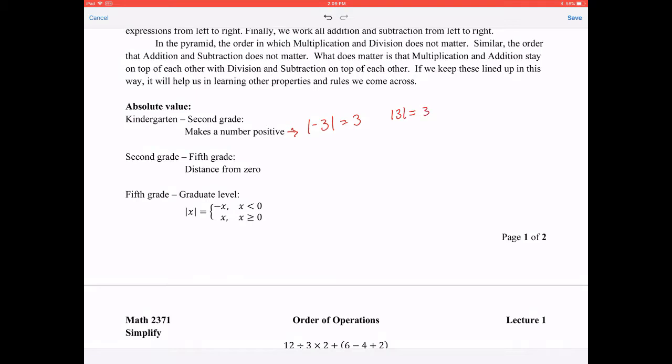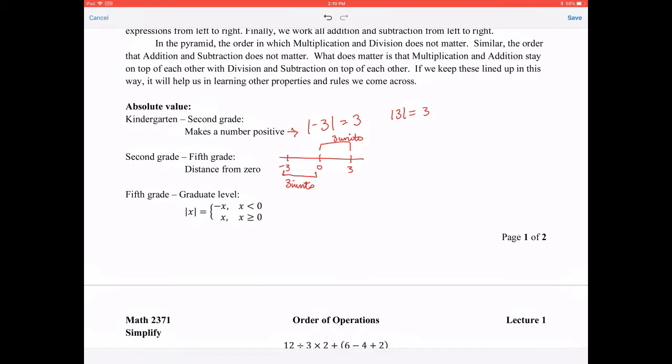From 2nd grade to 5th grade, when we talk about absolute value, we're talking about the distance from 0. So when we talk about -3 and we talk about 3, we talk about this is 3 units. And this is 3 units.